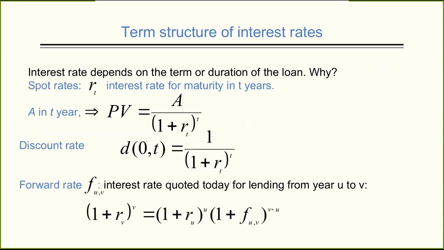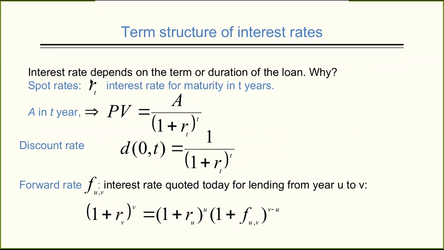So let's move to the term structure of interest rates. Interest rate depends on the term or duration of the loan. And now we consider that. You should distinguish spot rates and forward rates.